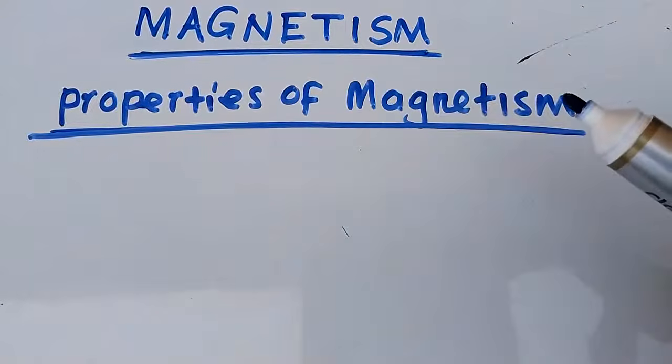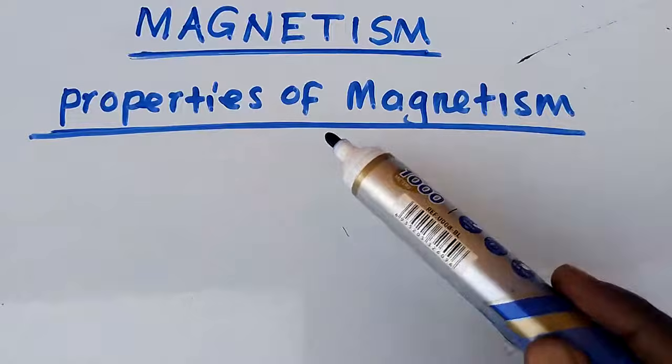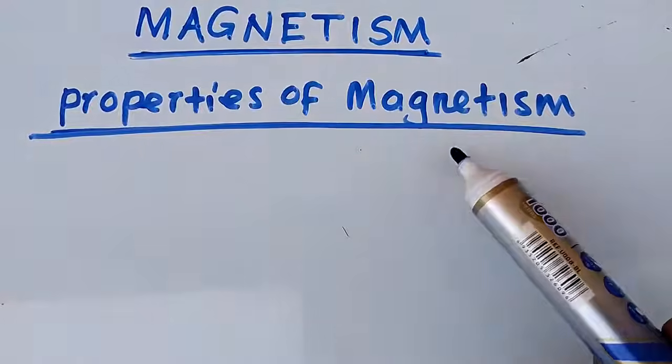That is a magnet, and a magnet has certain properties. So we are going to start with the properties of magnetism.